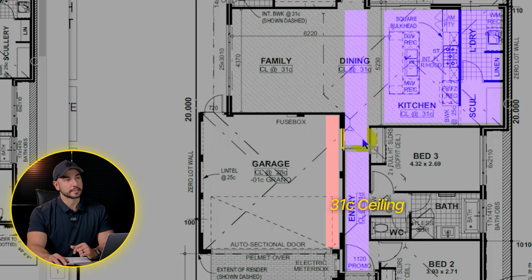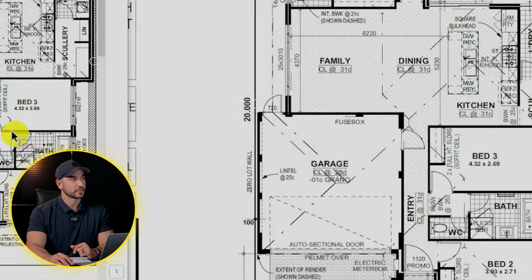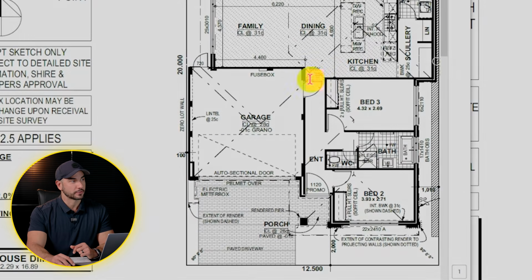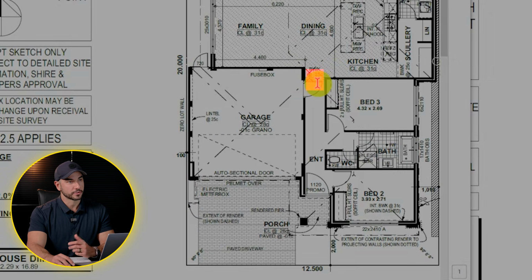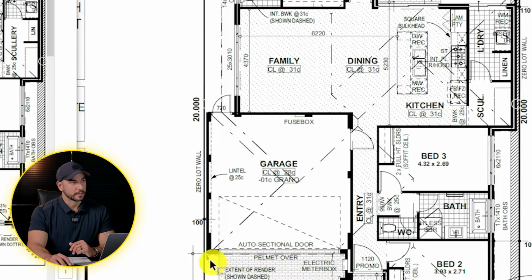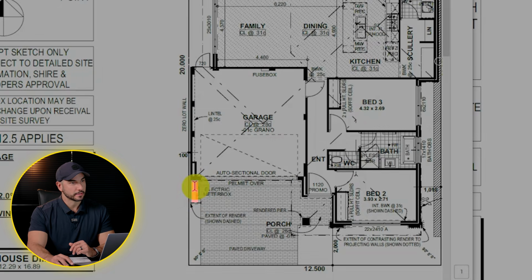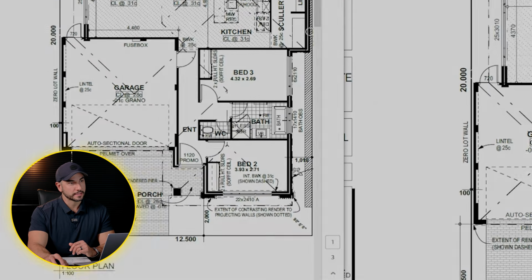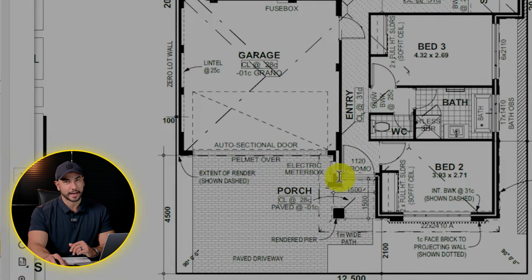Also, we've increased the ceiling height to 31, which allows us to get rid of this brick lintel that we had in revision 1, which I think is great. Now, the last thing I've done here before moving on to the laundry is I've been able to delete this meter box wall by recessing the meter box onto the garage wall here.